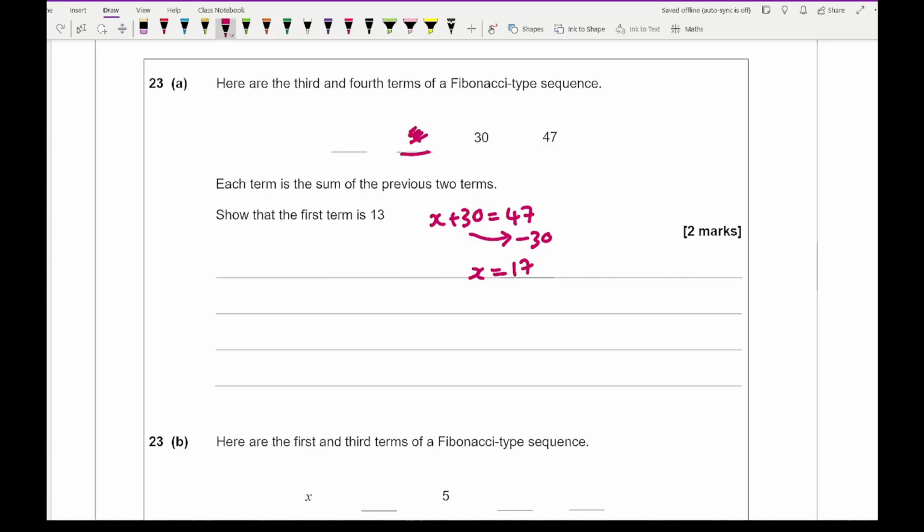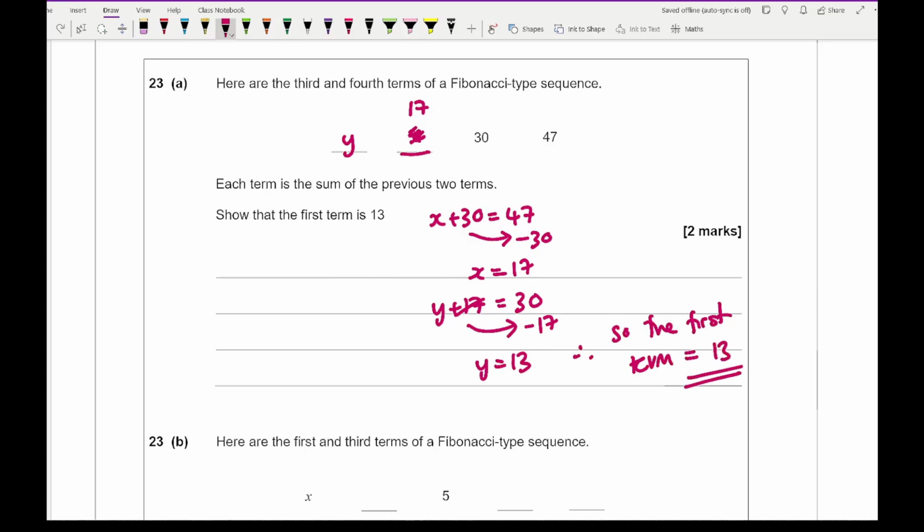So I can rub that out and write 17. Now if I call this first term y, then I know that y plus 17 equals 30. And so taking away 17, I get y equals 13. So the first term equals 13, which is what they wanted me to show.